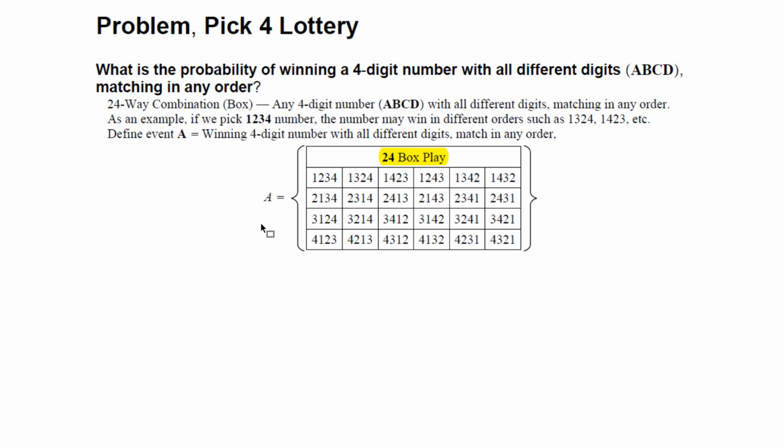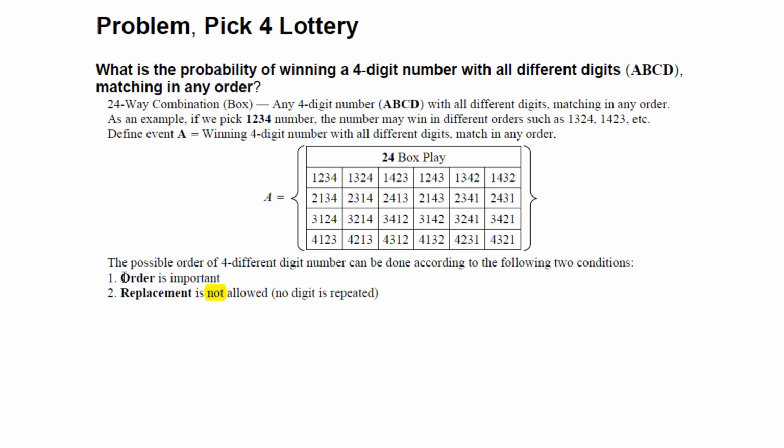And the formula for that, for order mattering and replacement not allowed, is permutation of 4 digits taken 4 at a time, and that is equal to 4 factorial, which is equal to 24 possible orders of this sequence.